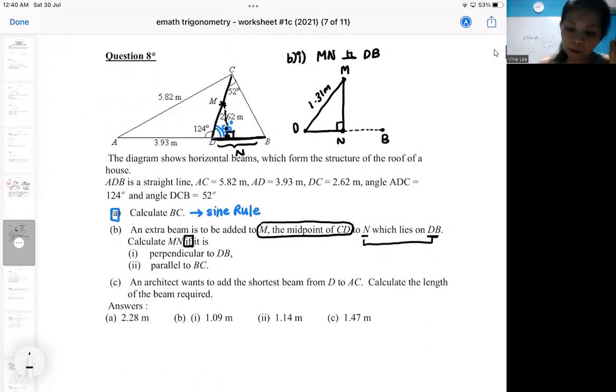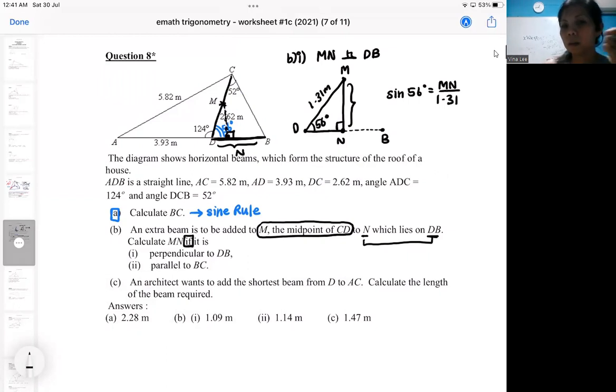So MN is actually perpendicular to DB. So of course the 56 will still be there. So you are asked to find MN. Because of the perpendicular, you can just do a normal trigo. So in this case, you'll be doing a normal trigo like sine 56 equals MN over 1.31.